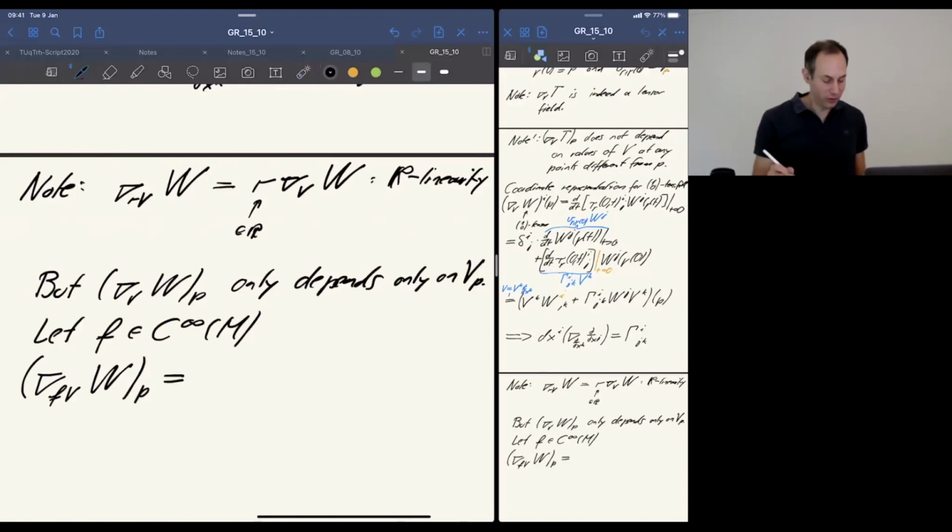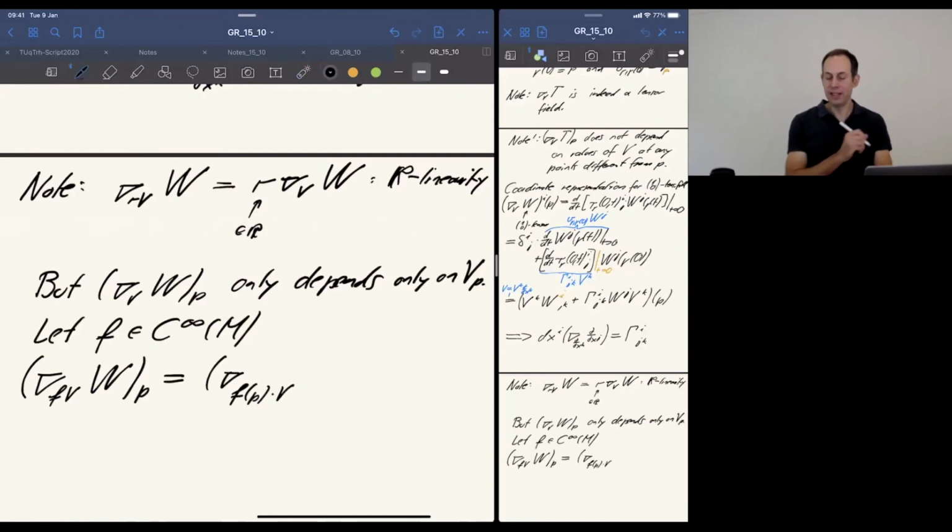But because of what I just said, that this only depends on the vector field at the point P, I could as well replace here the scaling by f of P. So instead of scaling the vectors differently at every point, I scale all the vectors V exactly with how they have to be scaled at the point P. And because the whole expression only depends on what happens at the point P, this doesn't change anything in the result.